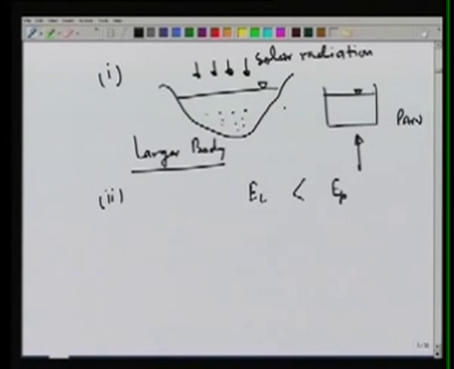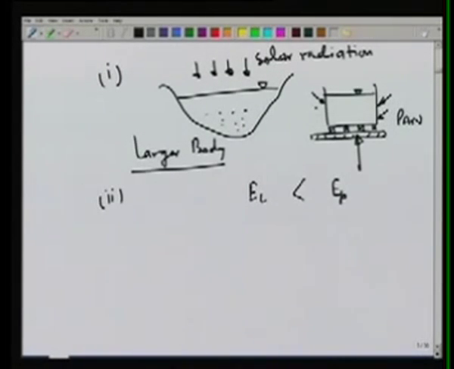Then the pan is generally on the ground surface. So there is a wooden frame on which this pan is kept. There is heat transfer from the sides also.